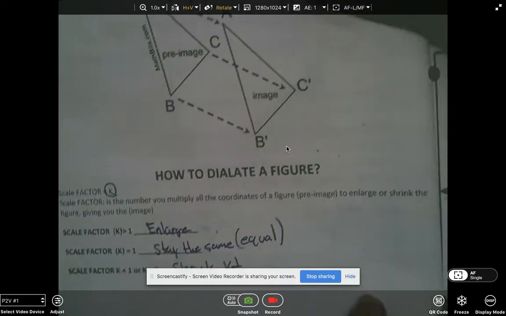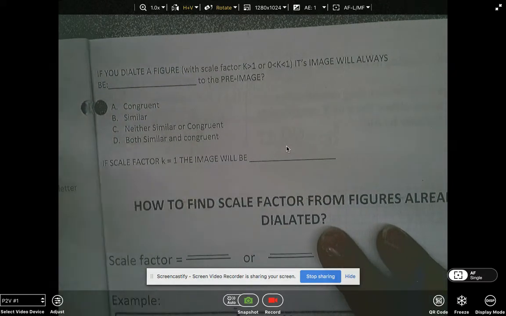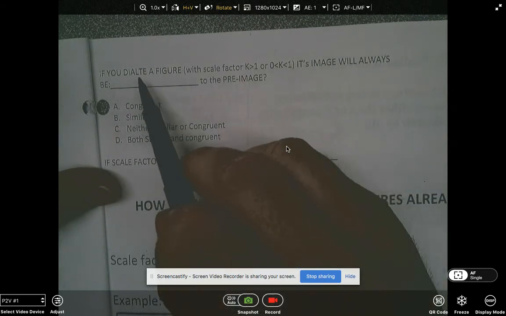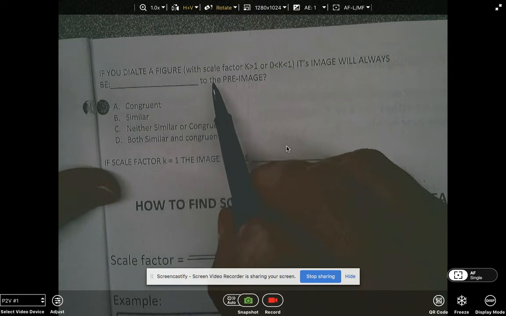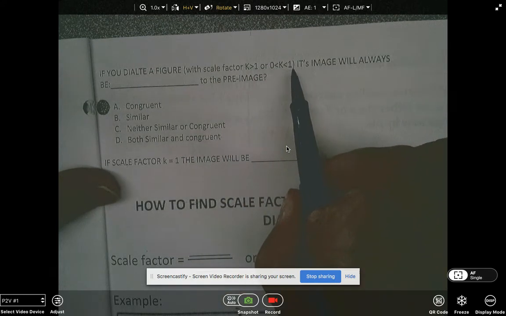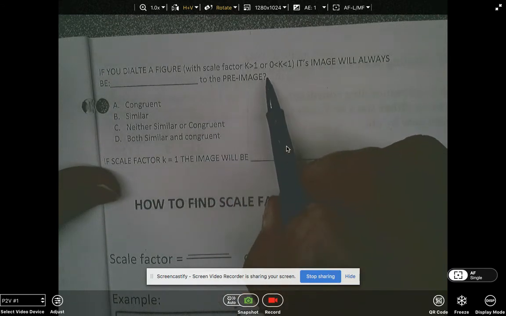One big thing about dilations is this comes up all the time. It's a real big concept that we have to understand before our test, our quiz, and MCAS: if you dilate a figure, it's the only transformation where, if the scale factor is bigger than 1 or less than 1, the image will always be blank to the pre-image.